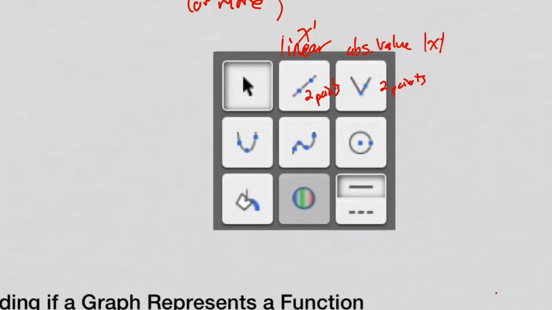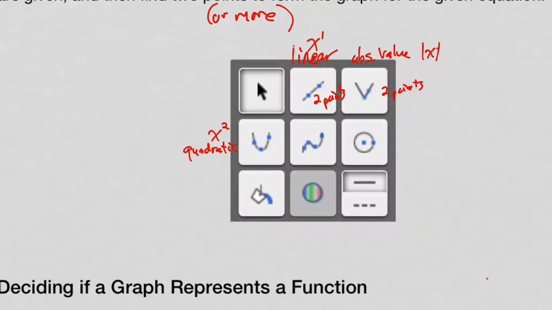If you have an x to the second power, that's going to be your quadratic, and here, because there's 3 dots shown, you need 3 points. Okay, so this one you need 4 points. You won't be using this.